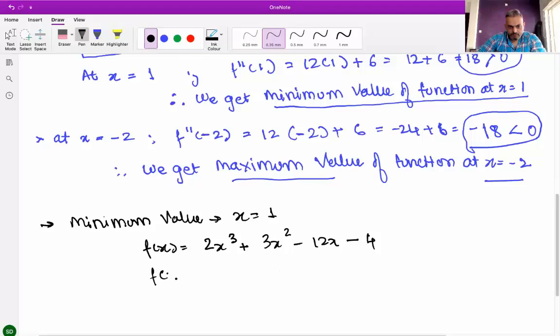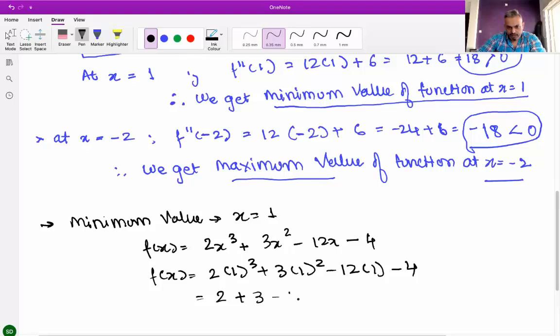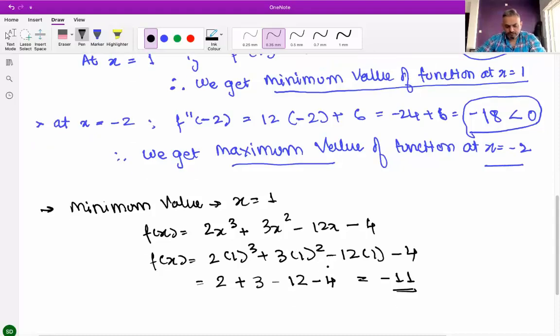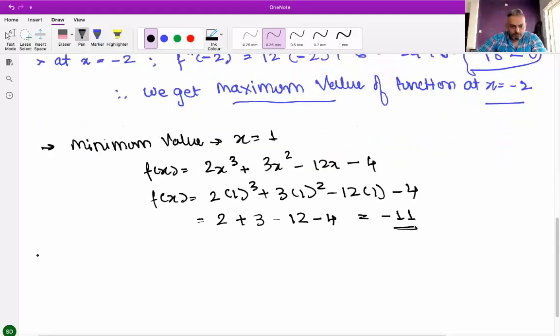So f(1) = 2(1)³ + 3(1)² − 12 × 1 − 4, which is equal to 2 + 3 − 12 − 4, which is equal to −16 and 5, so −11. So the minimum value of the function is −11. Now we go for the maximum value.